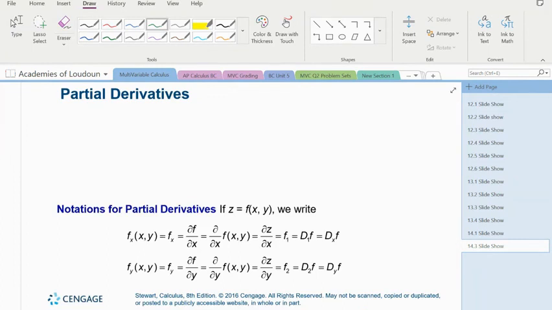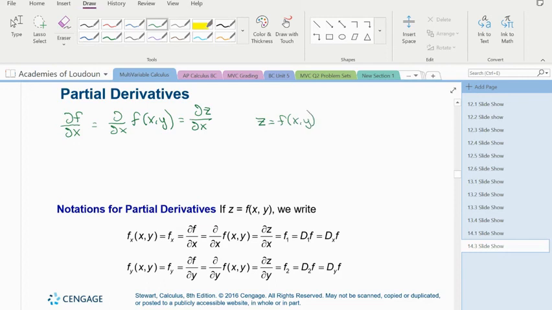Similar to single variable calculus, there are many alternative notations for partial derivatives. For example, instead of f sub x, we can write the partial of f with respect to x, or the partial with respect to x of f of x, y, or the partial of z with respect to x, where z is defined as your function of x and y.